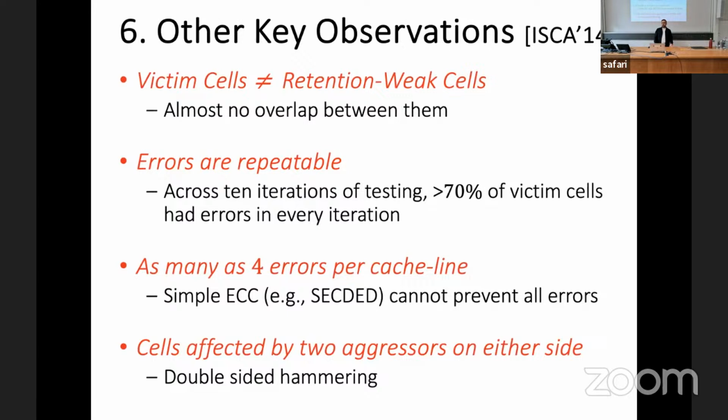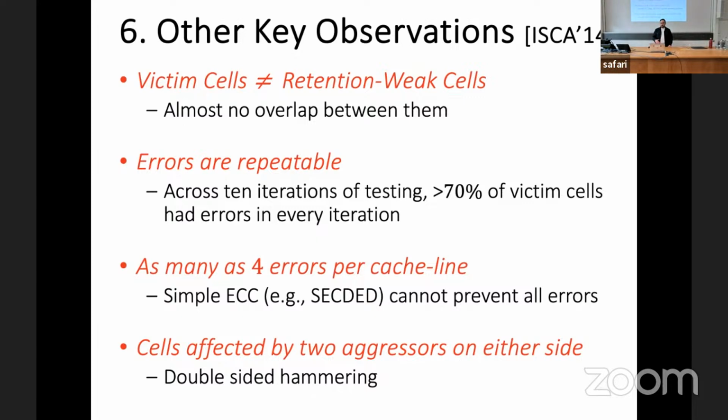We almost didn't see any correlation between the victim cells of data retention bit flips and RowHammer bit flips. So it seems these are different error mechanisms, and RowHammer errors are repeatable. If you observe a bit flip at a particular location, in the future it's very likely that you can observe another bit flip in the same location as well. So you can exploit those bit flips and craft your attacks accordingly.